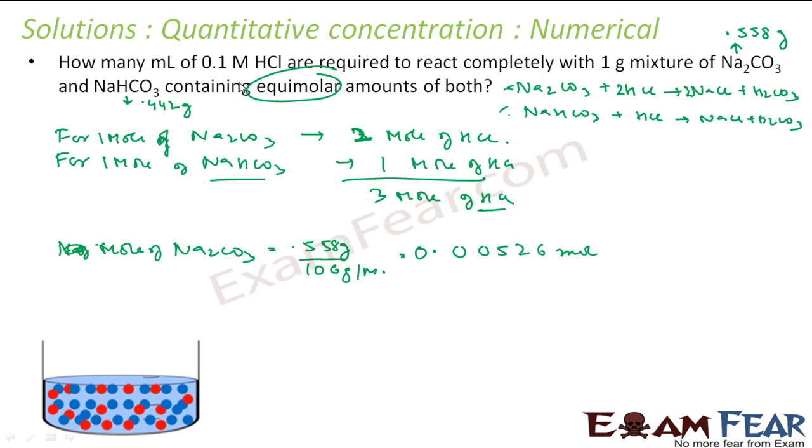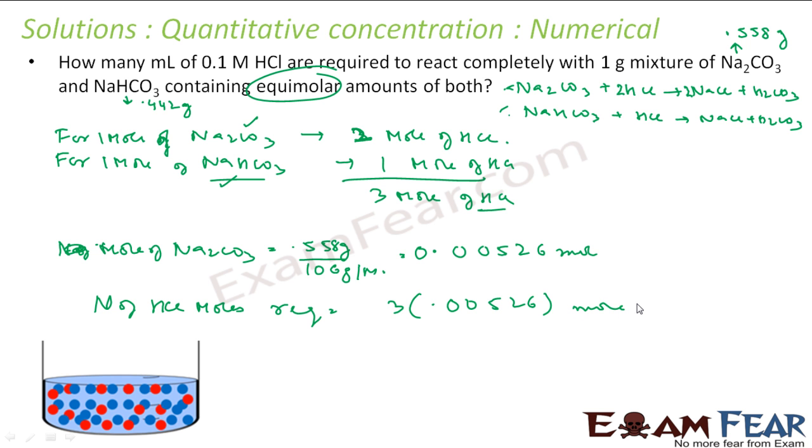Correct. So logically, if I have 1 mole of Na2CO3 and 1 mole of NaHCO3, I need 3 moles of HCl. So if I have 0.00526 mole of Na2CO3 and the same number of moles of NaHCO3, I need 3 into this many moles of HCl. Number of HCl moles required is 3 into this value.